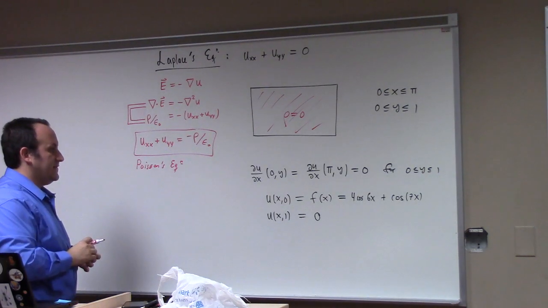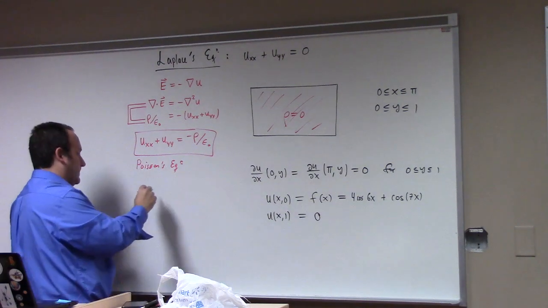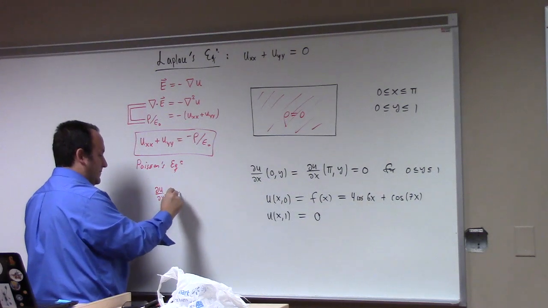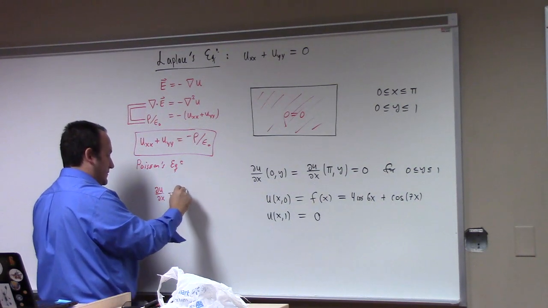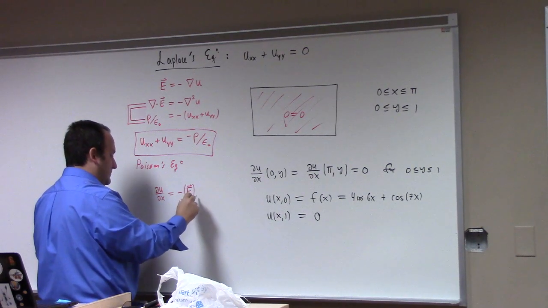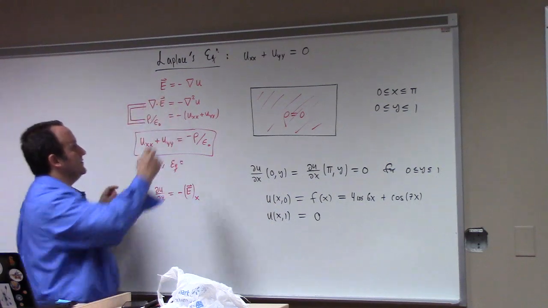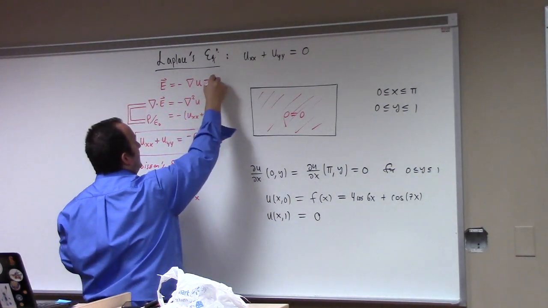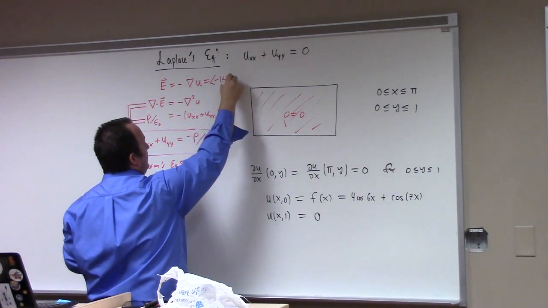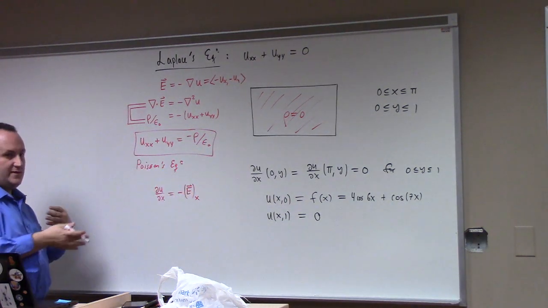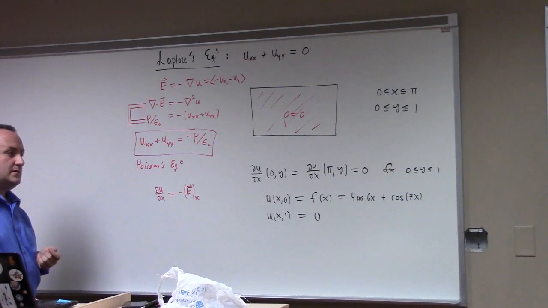Like partial u partial x being 0, what would the significance of that be? In this interpretation, partial u partial x would be minus the electric field component in the x direction, because the gradient of u is minus the electric field. So partial u partial x would be negative the x component of the electric field.